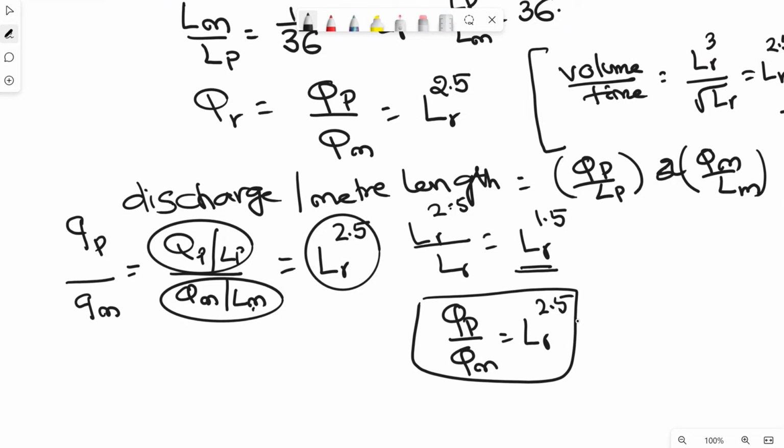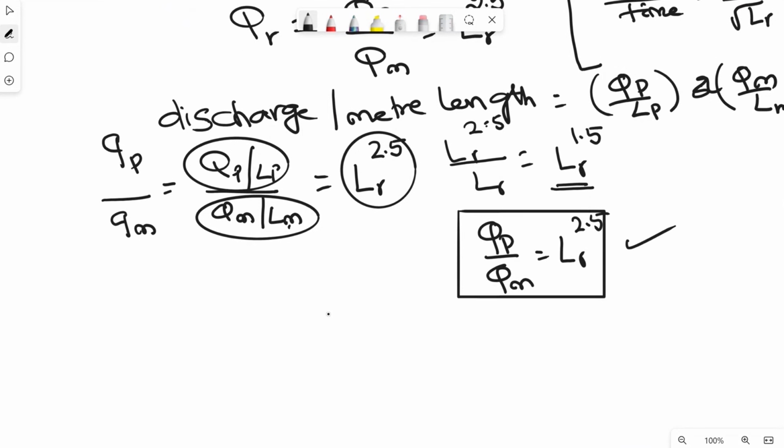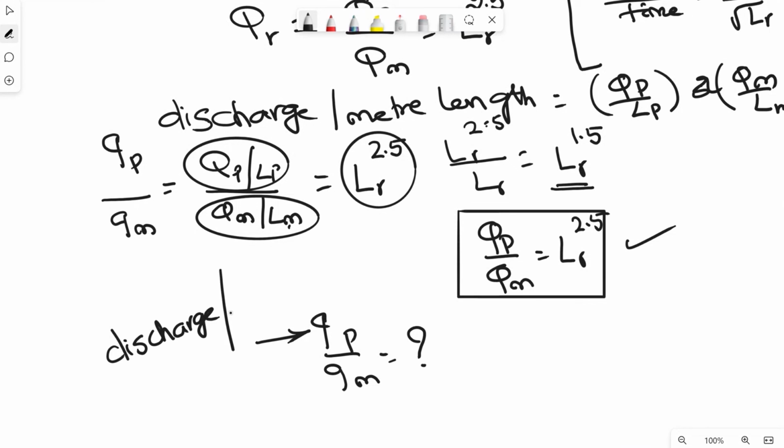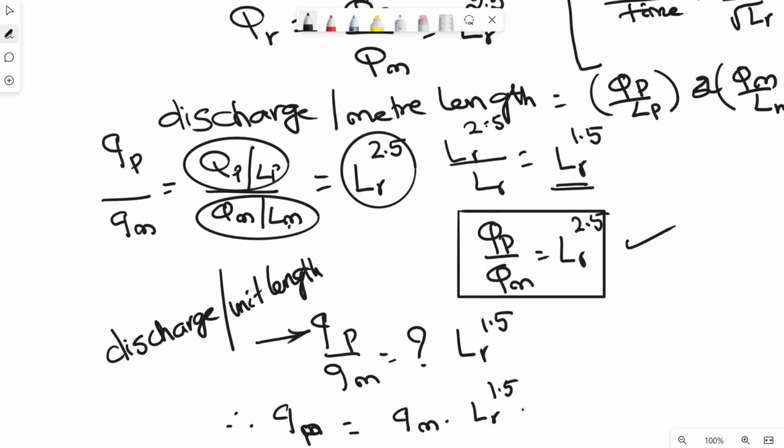This is fixed. But what we want is the discharge per unit length. So if I do this, it will be Lr to the power of 1.5. Then qp is equal to qm into Lr to the power of 1.5.